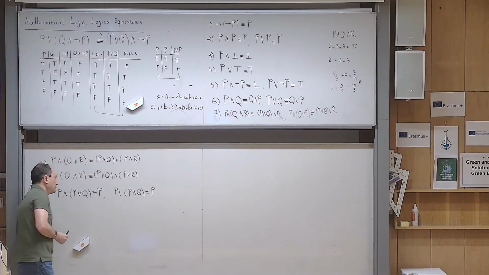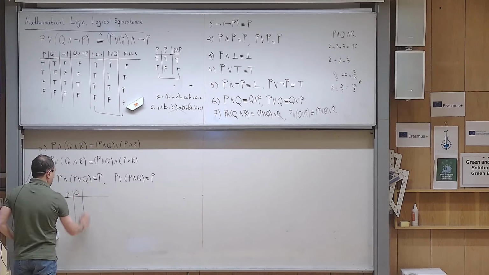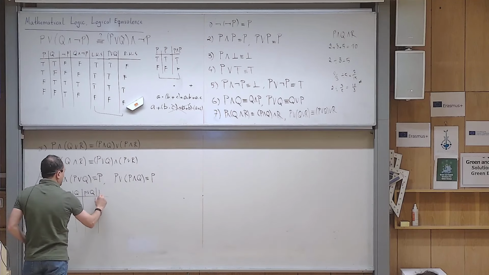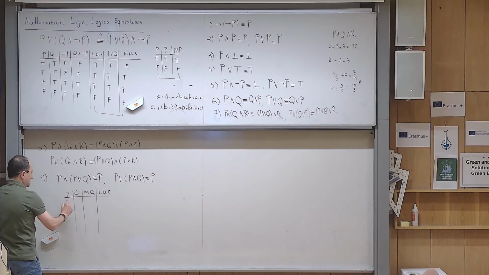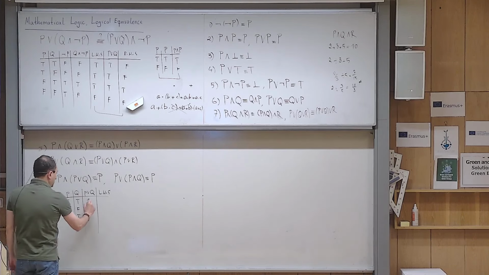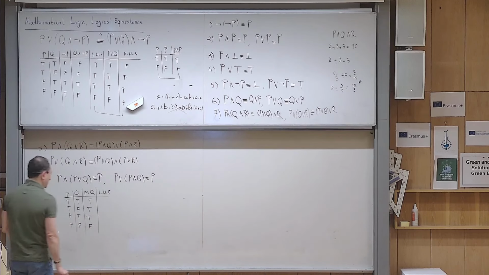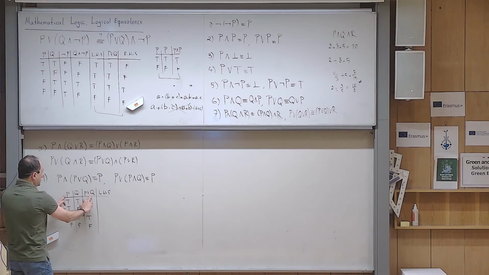So for example, let us do it quickly here. So I have P, I have Q, I have P or Q, yes? And then I have the left-hand side. The right-hand side is already here, yes? So this is T, T, F, F, and this is T, F, T, F. This becomes T, T, T and F. So I need to add these two, yes?